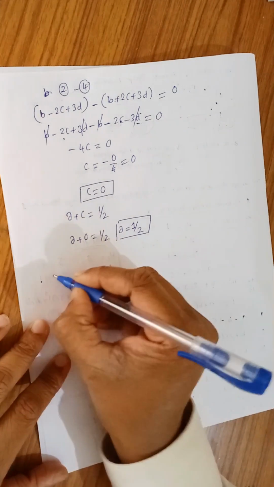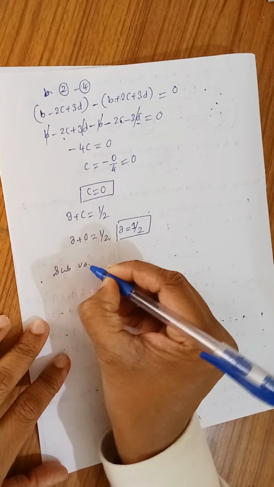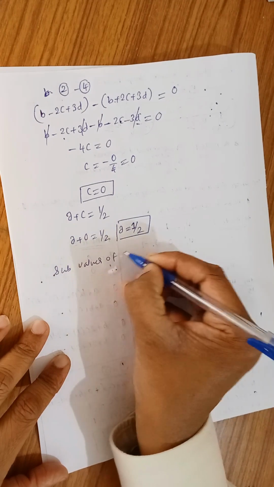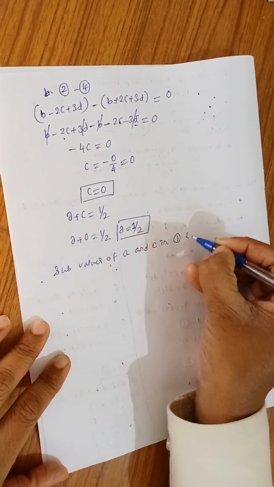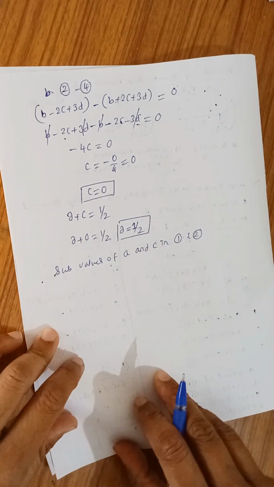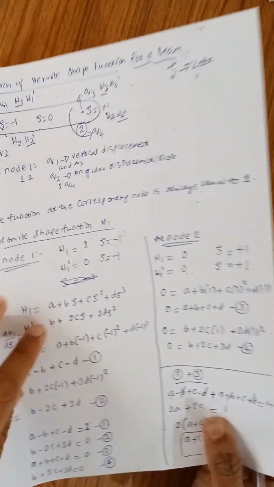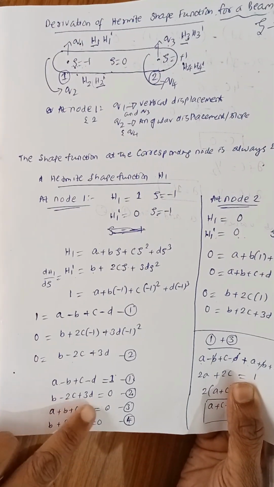Now let's substitute the values of a and c in equations 1 and 2. So what do we get? Equation 1 is a minus b plus c minus d equal to 1.